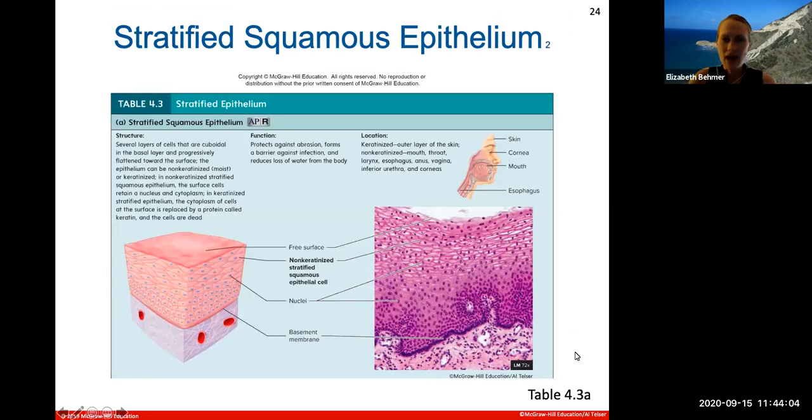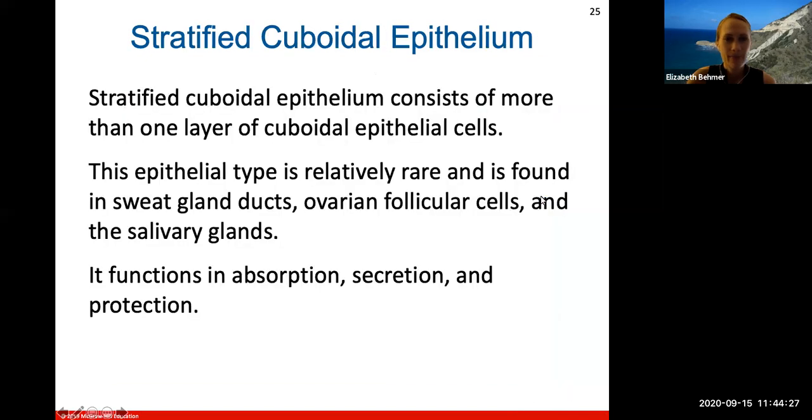So this is a look at the stratified squamous. And this is non-keratinized because you can see that there's still little dots in the exposed cells, and those dots are the nuclei. And if a cell has a nucleus, that means it's alive. So this non-keratinized stratified squamous will be found in areas like your oral cavity, your esophagus.